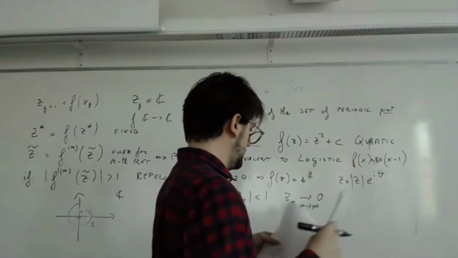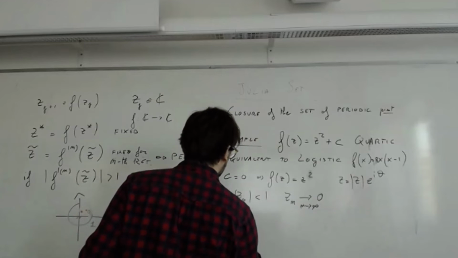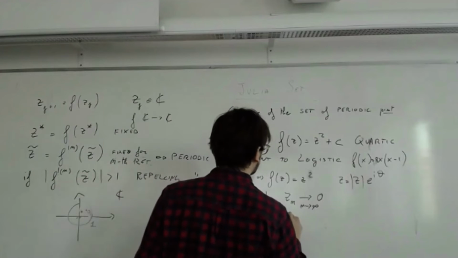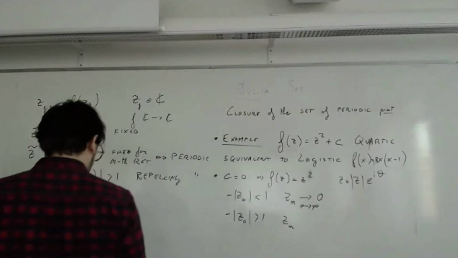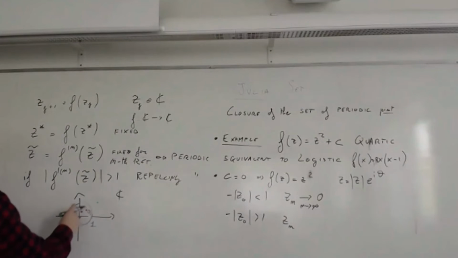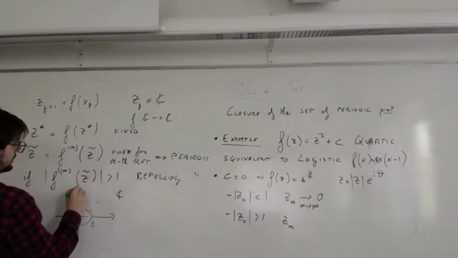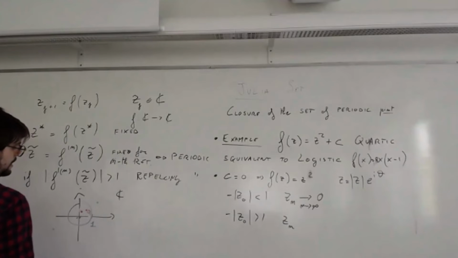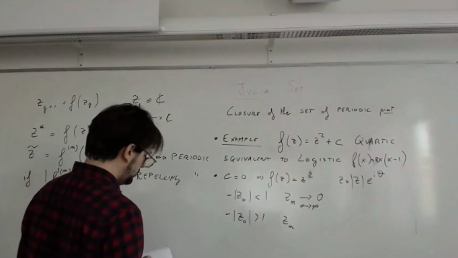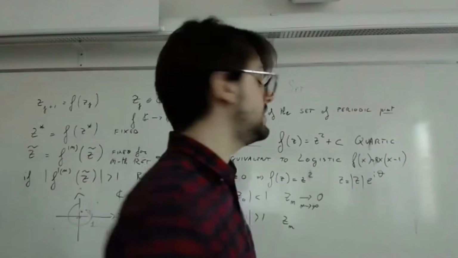So what happens if the modulus of z0 is greater than 1? The same thing. This will start from somewhere in the complex plane, outside the unit circle, and it will roam around, but the modulus of z1, z2, zn will increase quadratically.